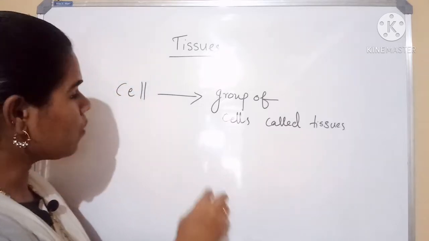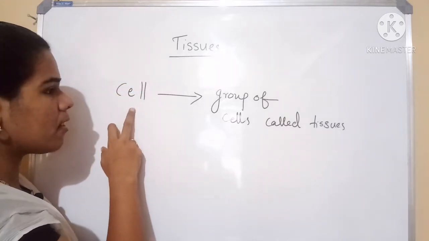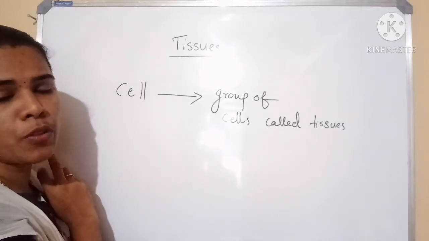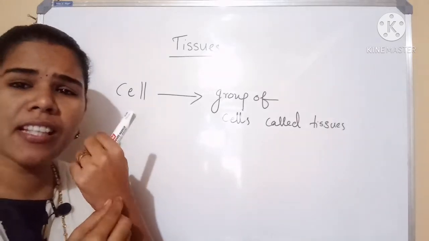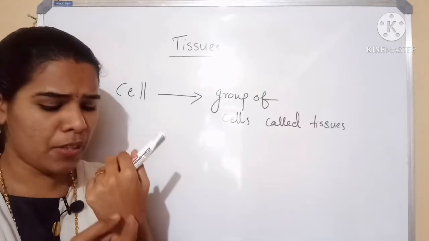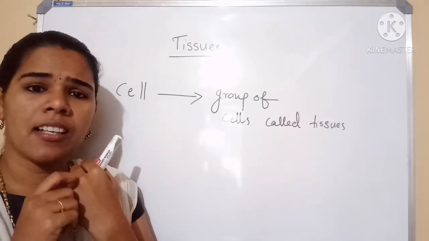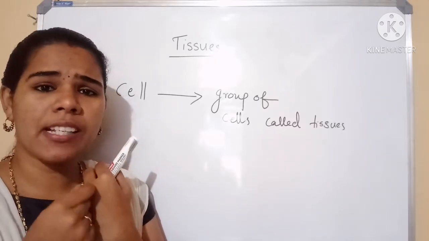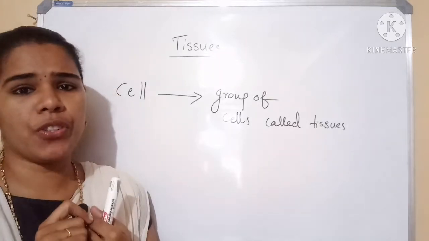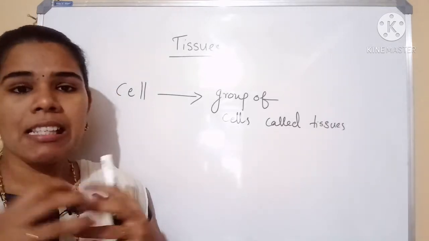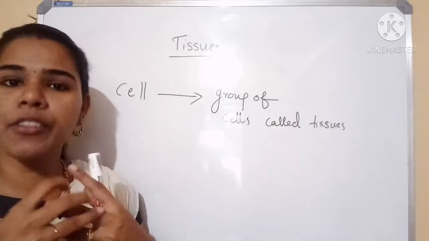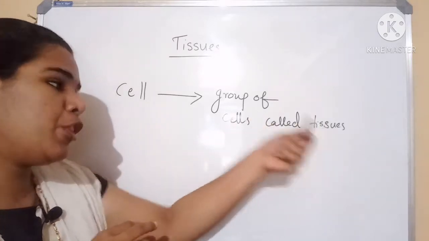So cells are the fundamental unit of life or the basic unit. When we peel the skin, we can see the basic structure is called a cell. Cells join together to form what? Tissues.